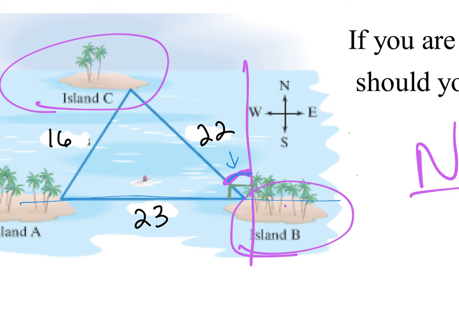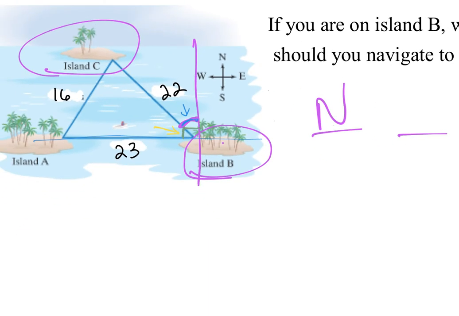Isn't it side, side, side? It is side, side, side. Find the inside angle and then subtract it from 90 degrees. Good. So I'm going to call it B because it's island B. We would say the cosine of B equals, let me make these darker.